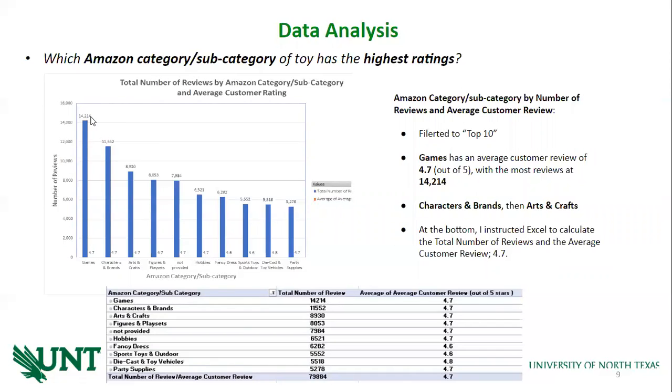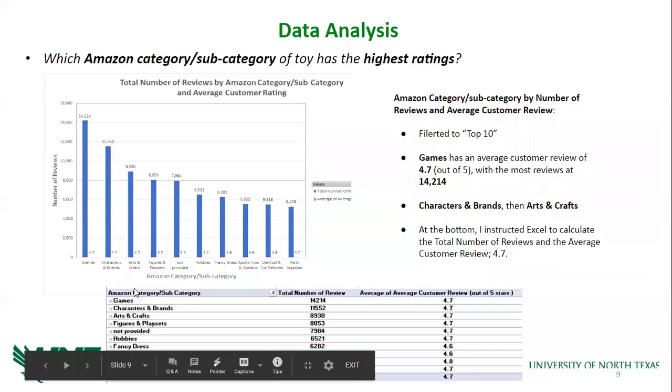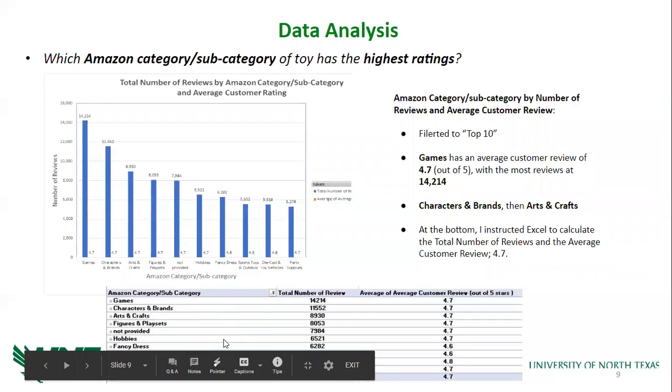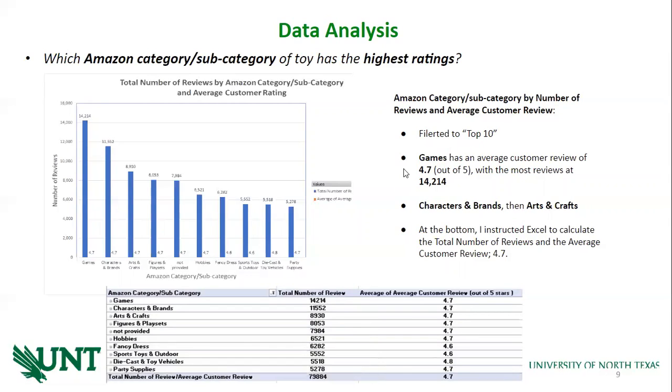Games had the most reviews with over 14,000, and its average rating was about 4.7. You can see that with this little legend. So we have games, behind it is character and brands, and after that is arts and crafts. Down at the bottom, here's all those things listed out, the total number of reviews, and the average customer reviews, which is 4.7.